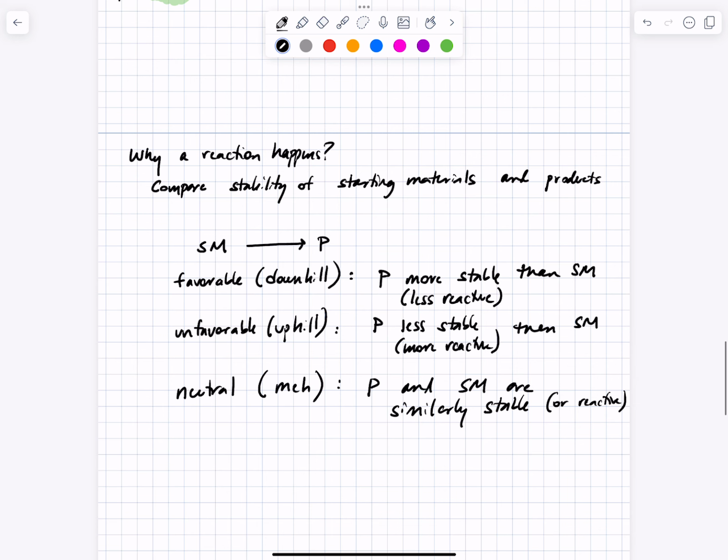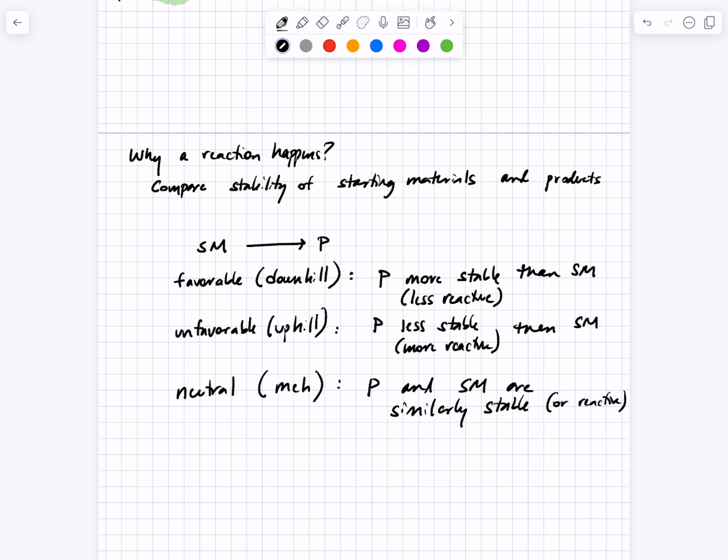Okay, and this is why we took the trouble to go through and identify level 1, level 2, level 3, level 4 reactivity. So with all this in place, we're now prepared to look at reactions that you've never seen before, and by analyzing whether the molecules are level 1, level 2, level 3, and so on, determine whether it's uphill or downhill in energy.